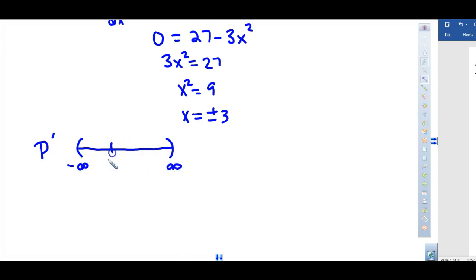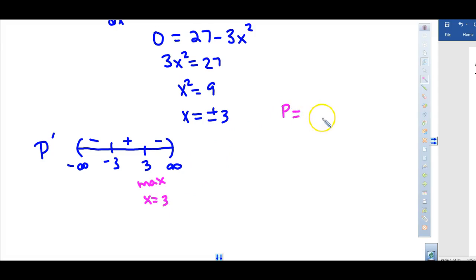So I put negative 3 here, positive 3 here, and my sign analysis ends up being negative, positive, negative. So 3 is my maximum. If the problem had asked me for my minimum, I would choose negative. So x equals 3 is what gives me my max.